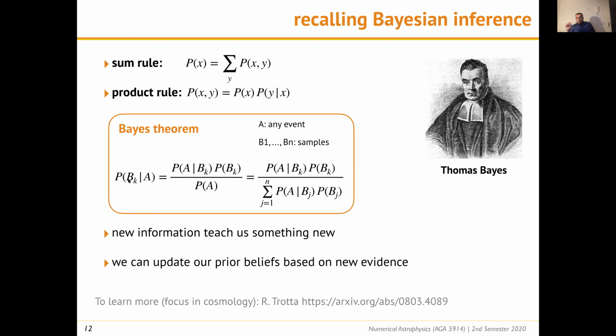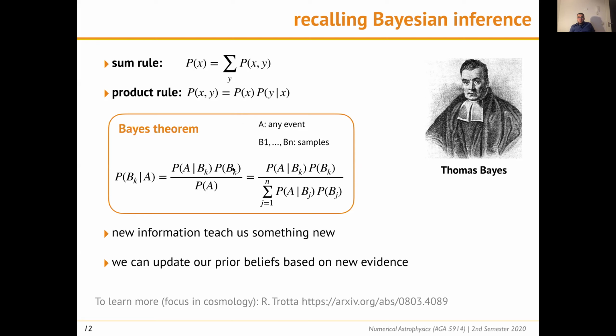The probability of observing any given Bk given this event A is the probability of observing A given Bk, where k is just an index from 1 to n, times the probability of Bk, divided by the probability of A, of the event itself.